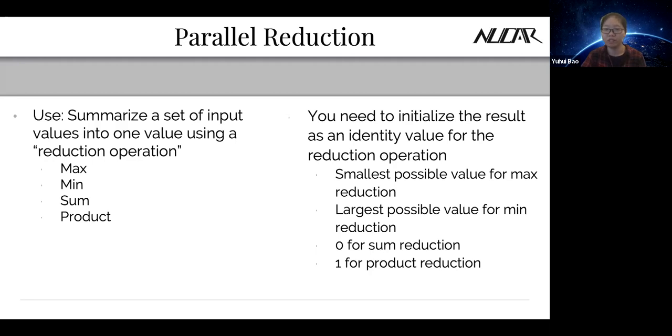If all the numbers are positive integers, that will be 0. So each number will be compared with 0. Once it's bigger than 0, it becomes the current max number while doing the iteration. So you need to find your identity value according to the operation you do.